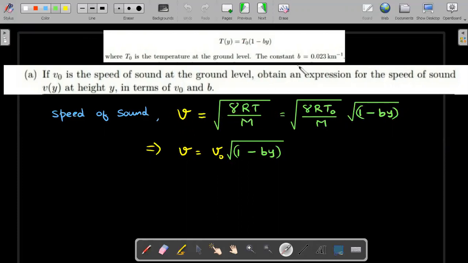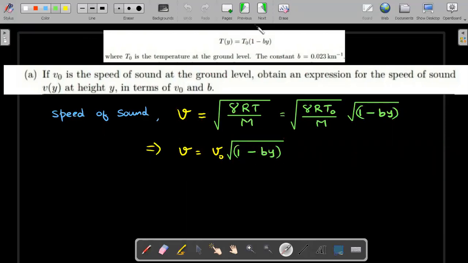So I just substituted the given expression into this, brought the T naught out, and this entire stuff outside is nothing but the velocity V naught at height equal to 0. So it's obvious. He's asking for V in terms of V naught. So a simple expression, 1 point is in your kitty. So V is equal to V naught into the square root of 1 minus by.